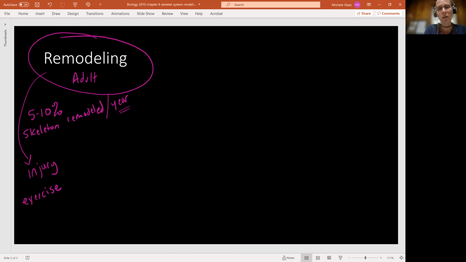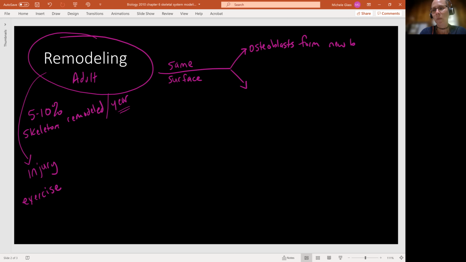And I think what I'll do here is I'll say same surface. And that's the key feature. And we still are going to see osteoblasts forming new bone. And we'll still see the job of the osteoclast doing that process of osteolysis or breakdown of bone.